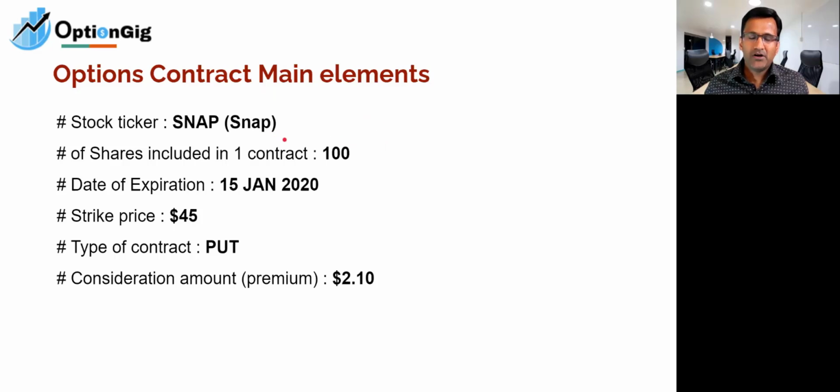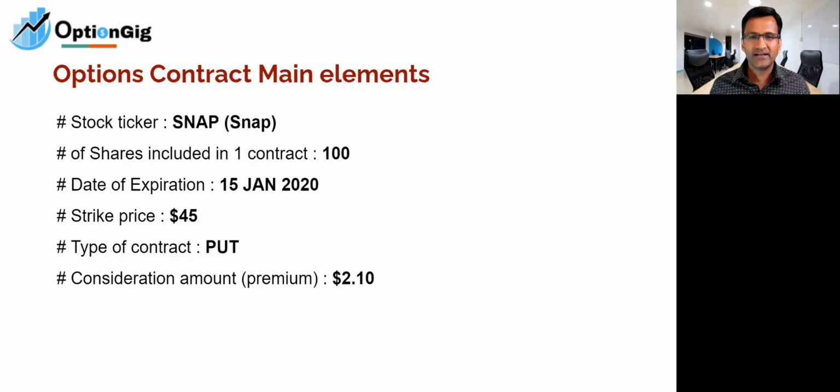One thing which is important in options is that one option contract has 100 shares underneath it. Generally. In later sessions, we can talk about what happens if the stock splits or if there is a reverse split.